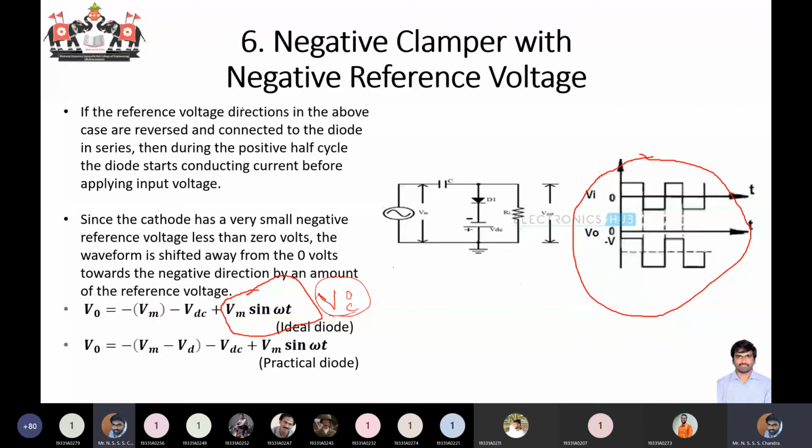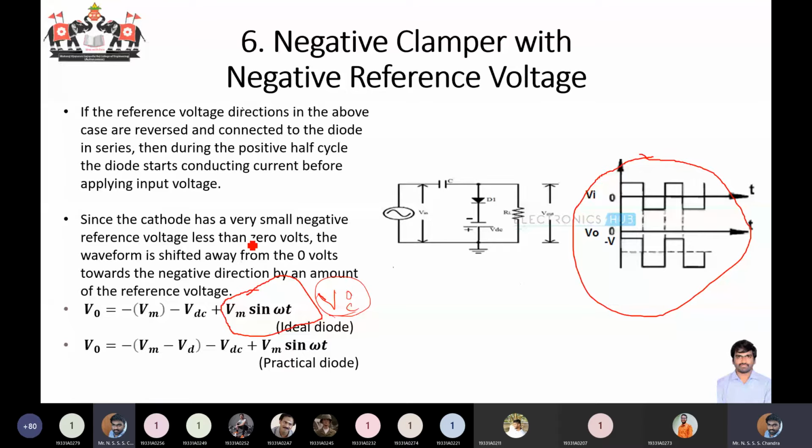Even if you give a sinusoidal voltage, you can obtain a trapezoidal voltage at the output of a clipper. Whereas in the clamper, whatever shape of waveform you give at the input terminal, the same thing you will observe at the output terminals. The only thing that changes is your average DC value, which either will be raised by the capacitor voltage or reduced by the capacitor voltage.